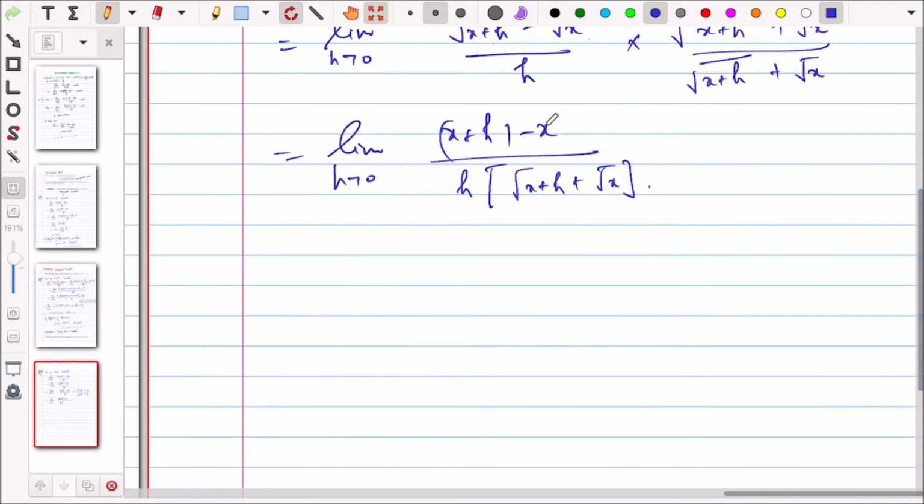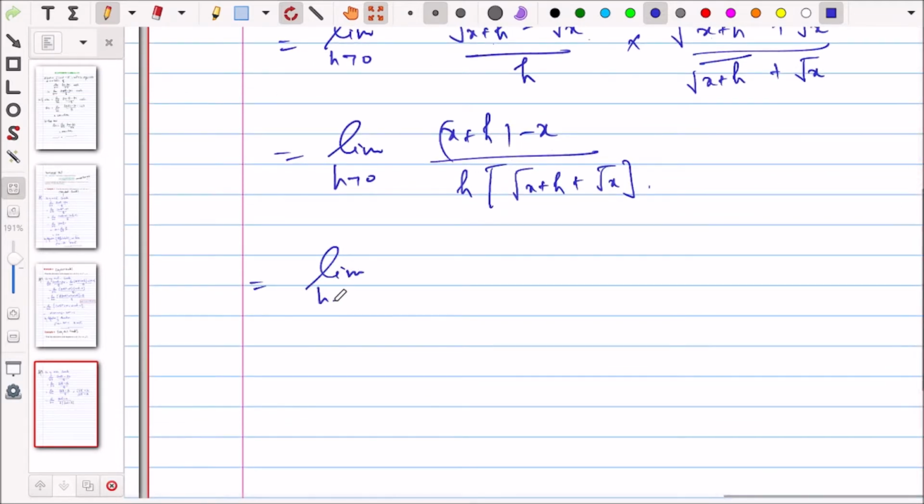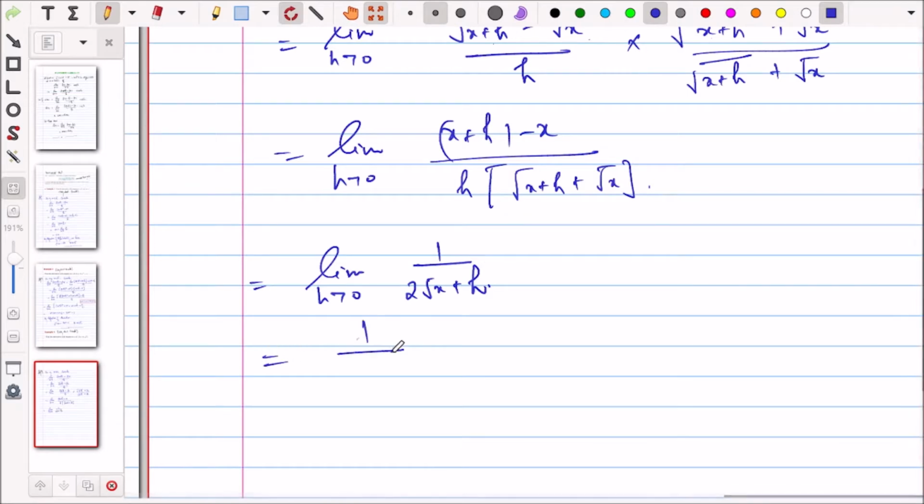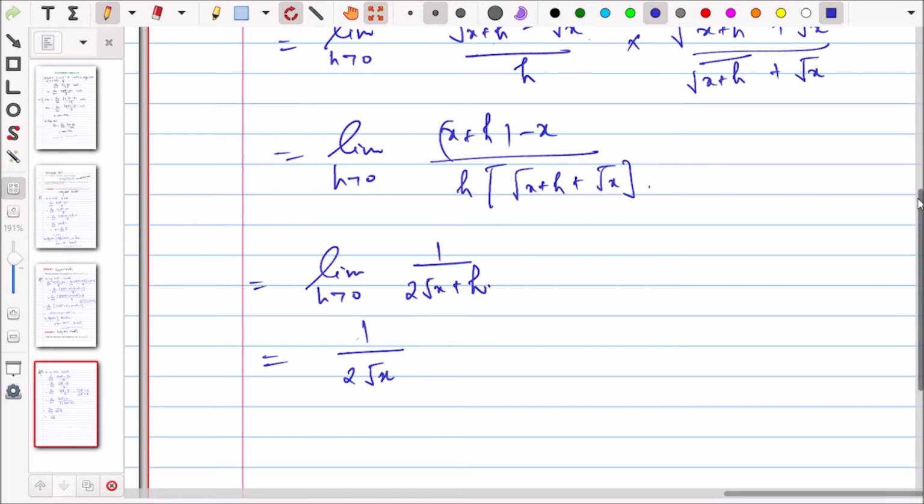Right. So now h and h will cancel out. You will be left with one by root(x plus h) plus root x, which is 2 root x after taking the limit. So now you can take the limit, so you will get x, right?